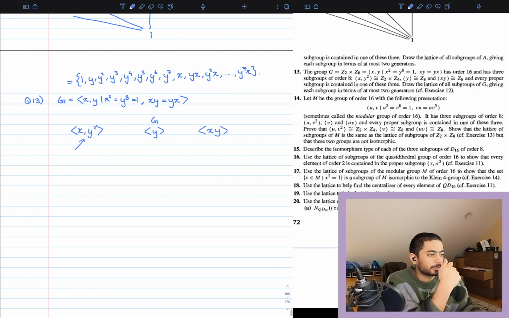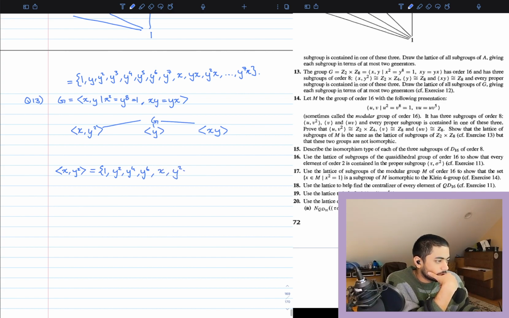Now the group generated by x and y squared, if we look at this guy, what do we have? We've got 1, y squared, y to the 4, y to the 6, and x, y squared x, y to the 4x, y to the 6x, and I believe that should be all.